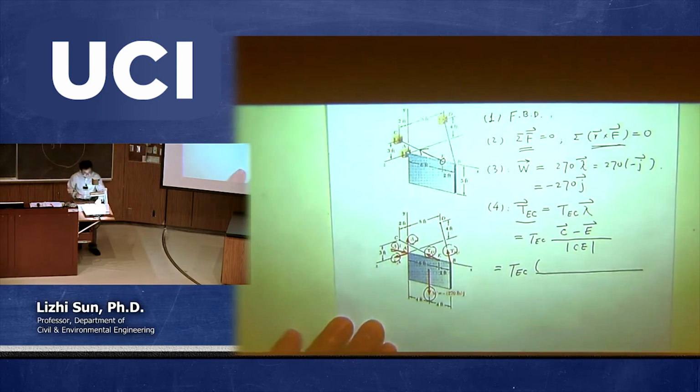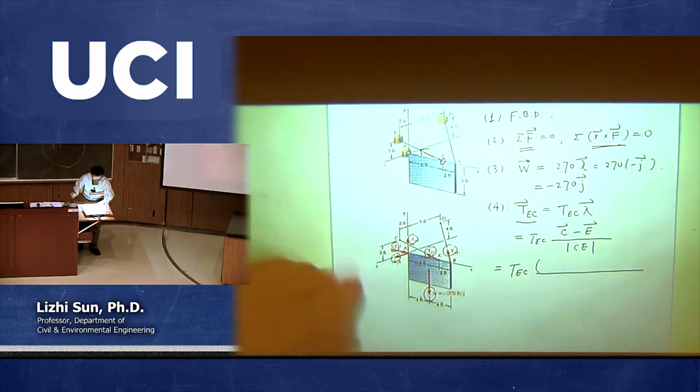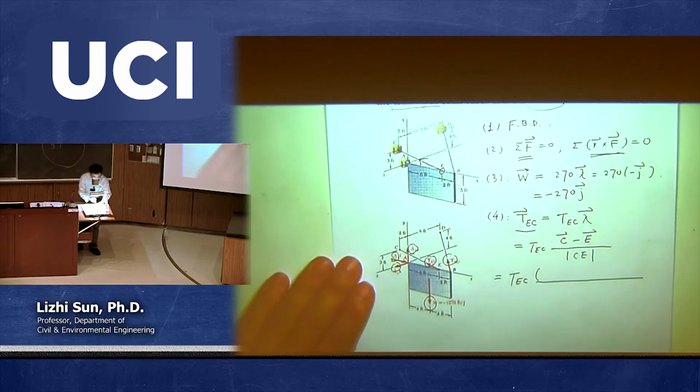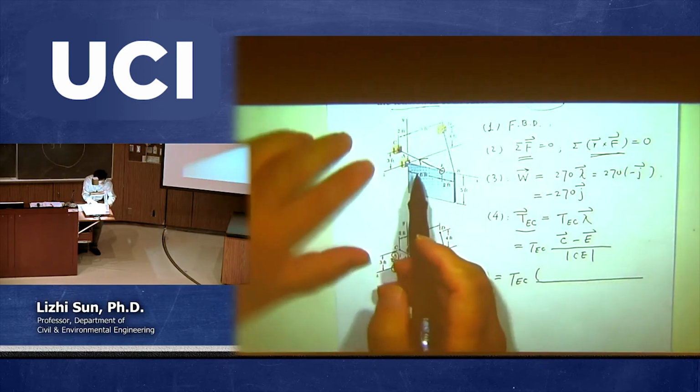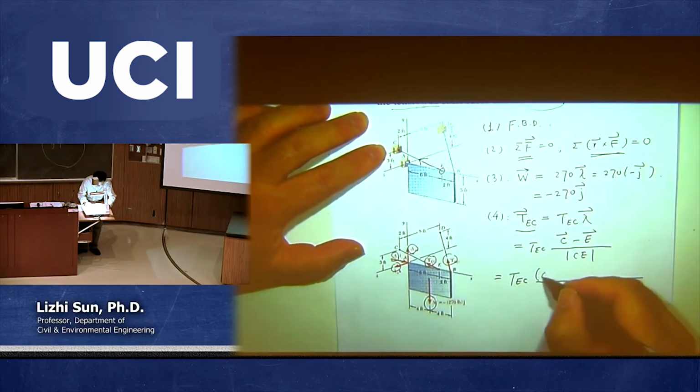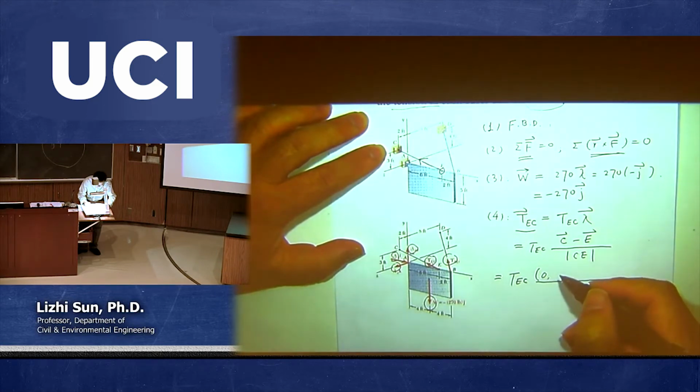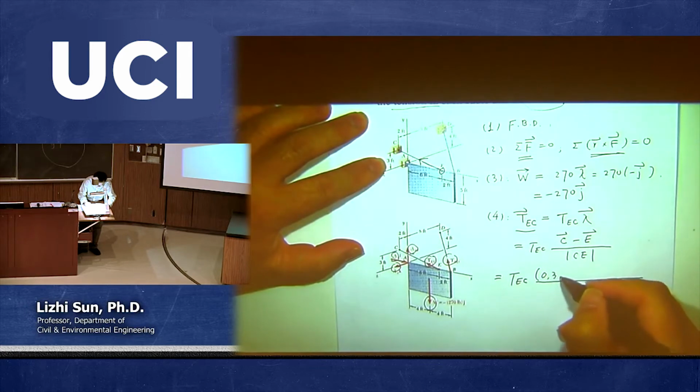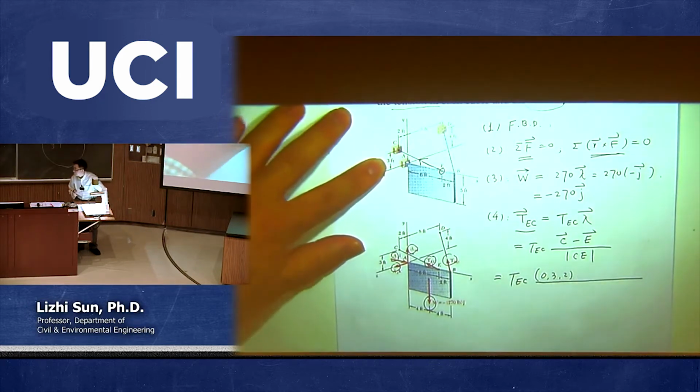What is the point C? Point C is here, right? So going back to look at point C, what are the 3 components? The x component should be 0, y component 3, z component 2. Okay?